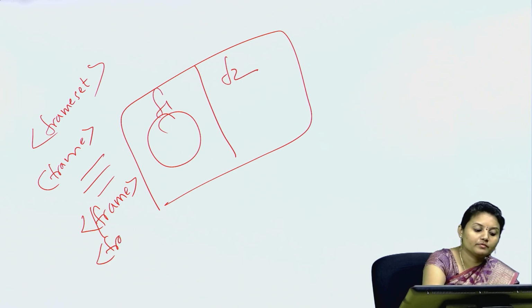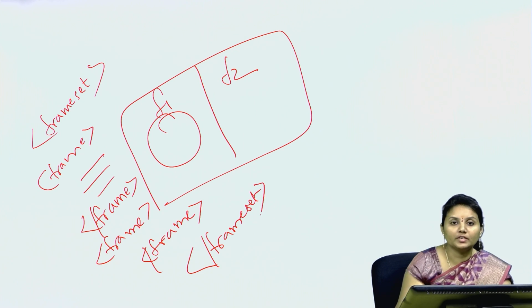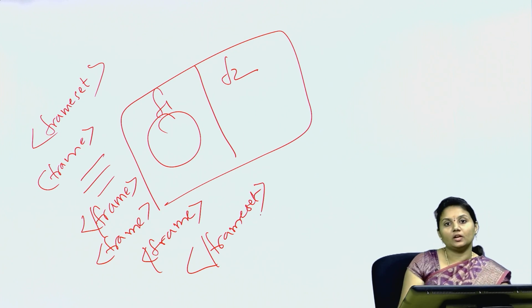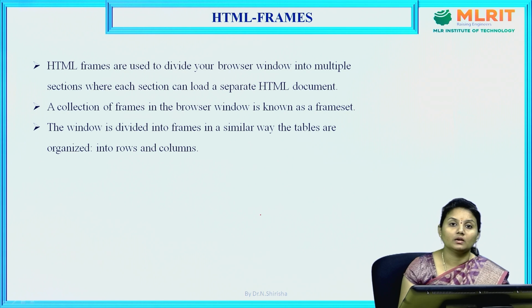Two different frames you will write. This is the actual structure. You have a frameset tag, and you have to close it at the end. This is the normal structure for every frame division. You'll have a frameset tag, and under that you'll have child tags with the different frame tags. How many frames you want, that many frames you can create.